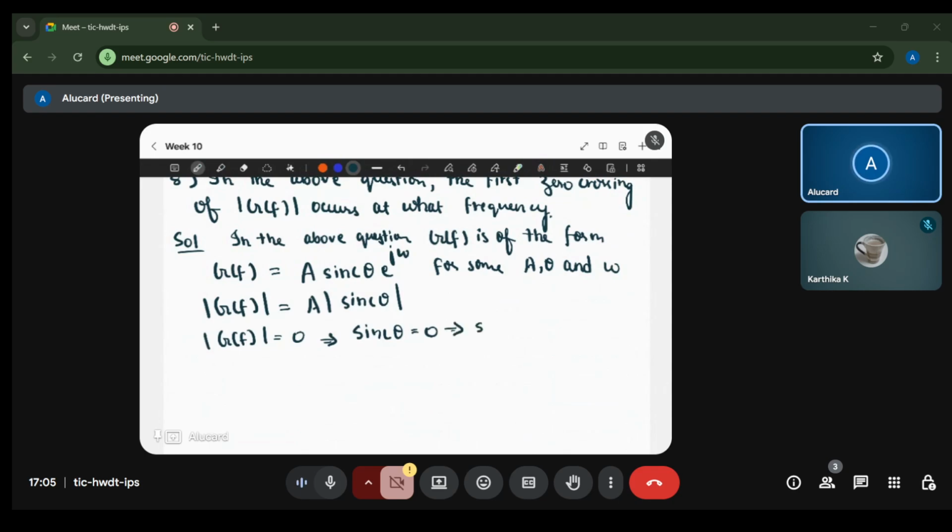And sinc theta is sine of pi theta divided by pi theta, which is 0 when pi theta is n pi for some positive integer n.